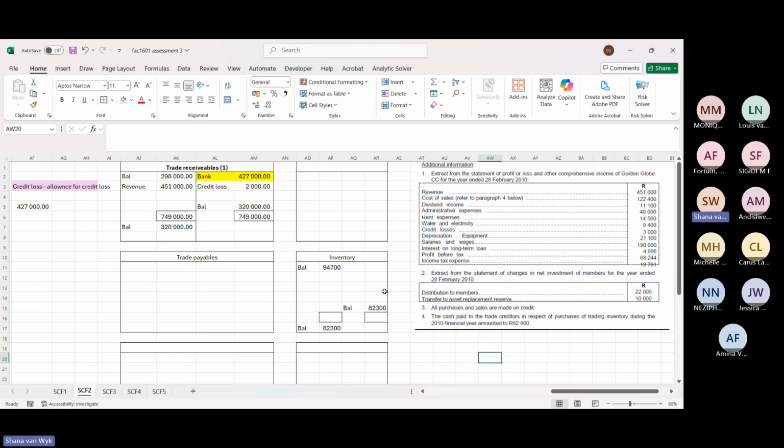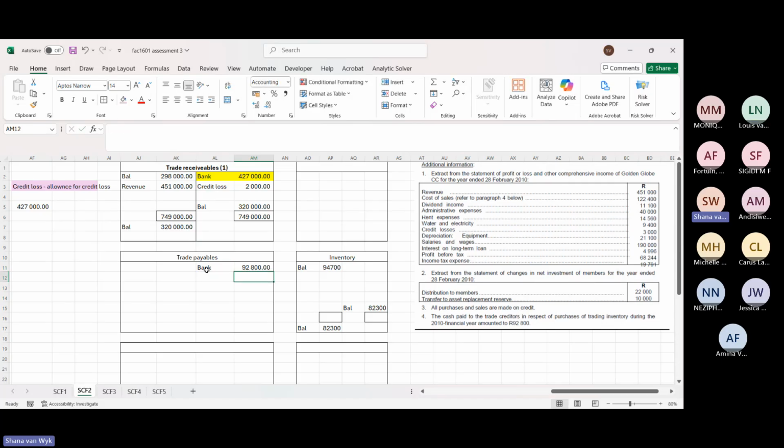So cash paid, meaning it's bank, because we... no. Cash paid to trade creditors, that is your trade payables. I wanted to say bank can't be here. Is it bank? I'm writing bank. I could be wrong.